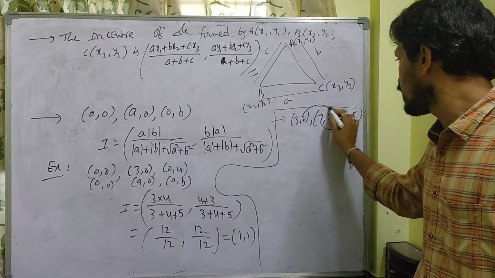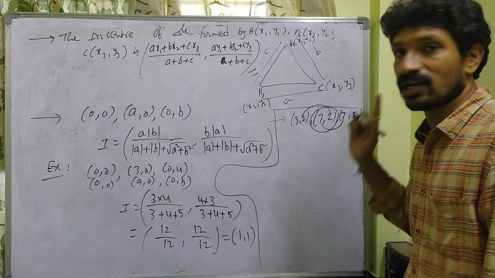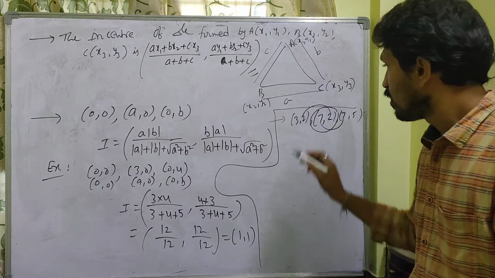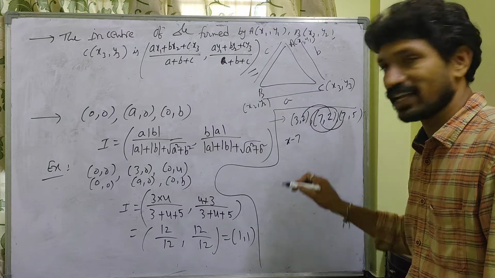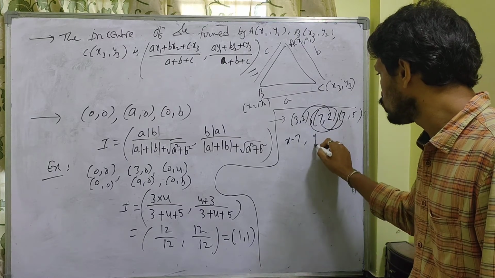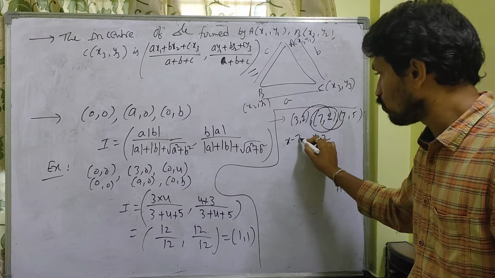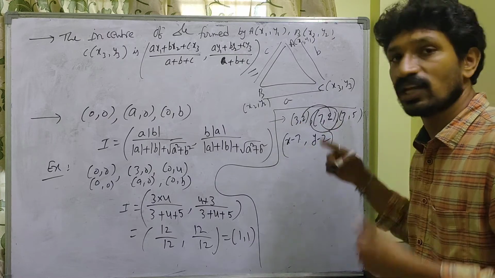So this is the right angle vertex, so it is a right angle triangle. If the vertices are in this form, then you do one thing. This is the right angle vertex. From the x coordinate you take x minus 7, the y coordinate you take y minus 2. The y coordinate here is 2, the x coordinate is 7. So use this formula, x minus 7 comma y minus 2. Use this formula to change these 3 vertices.